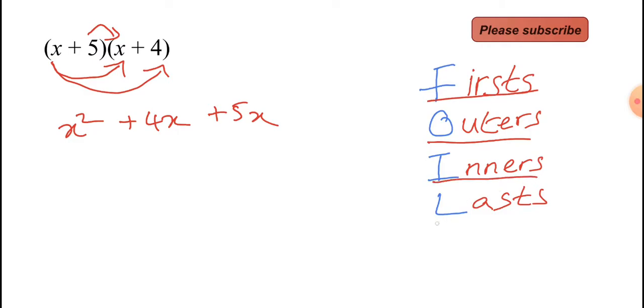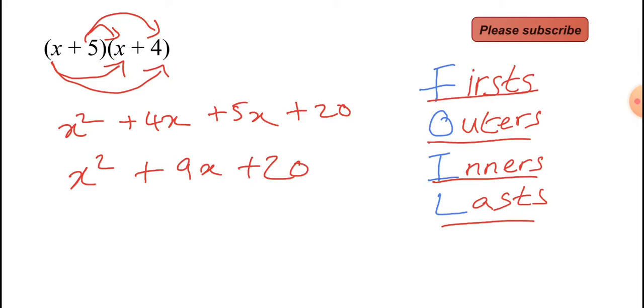And then you do the last, which is 5 times 4, which is plus 20. 5 times 4 is positive, so plus 20. Then just collect the like terms: x squared plus 9x plus 20. It's up to you which method you prefer. I used to prefer this method, but now I think I prefer the grid method because I find it keeps the work very tidy and it's easy to spot any mistakes as well.